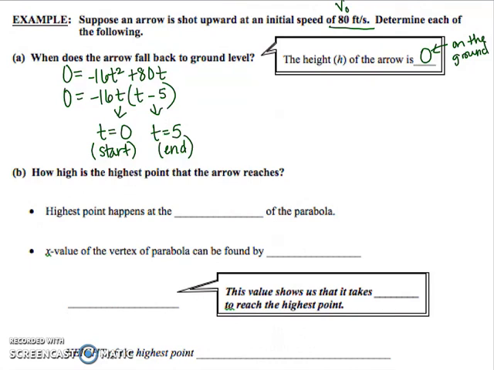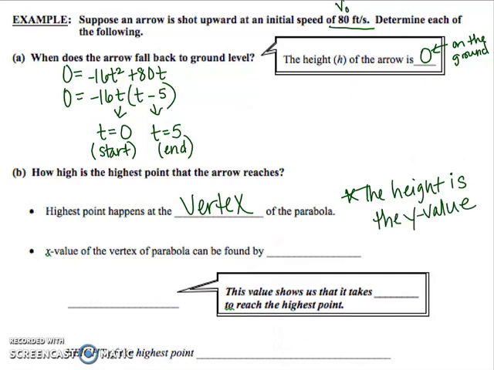How high is the highest point that the arrow reaches? The highest point always happens at the vertex of the parabola, and specifically the height is the y value of the vertex.